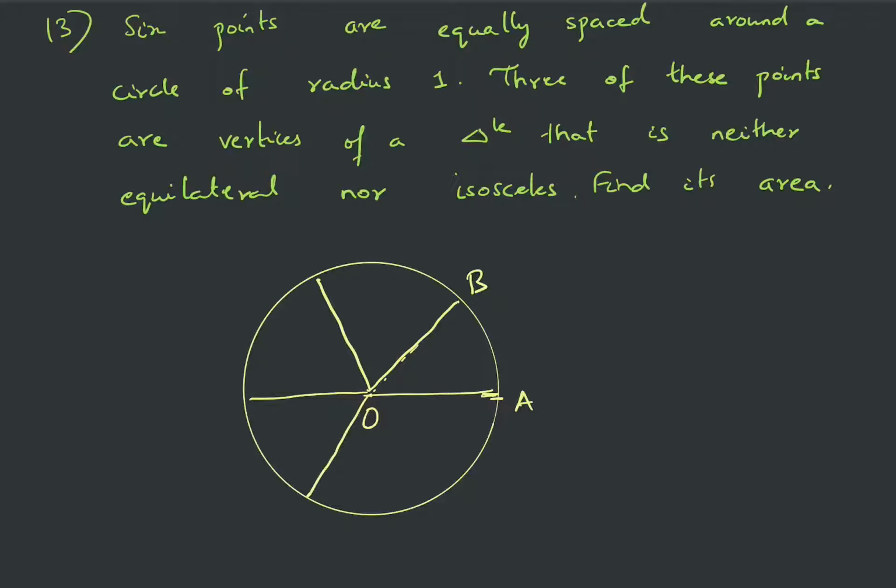So the points would be something like this, with 60, 60, 60, 60, 60 and 60 between each. These are the points A, B, C, D, E and F.